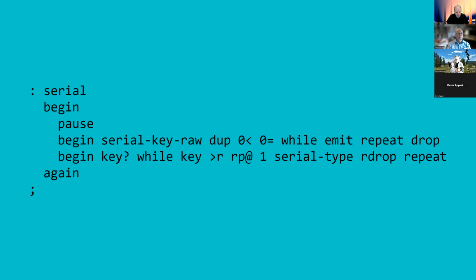So remember, you're reading from the serial port and writing to the terminal, versus reading from the keyboard. In this case I'm able to use key question to check if there is a key available. If there is, I read it. I do this kind of awkward maneuver of pushing it onto the return stack, and then using the address of something on the return stack as a buffer.